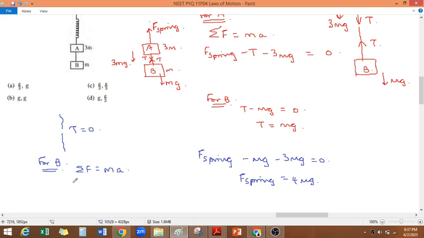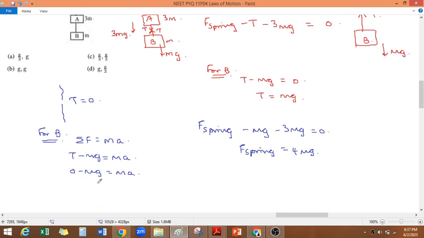So T minus mg is equal to MA. T becomes 0, so acceleration is nothing but minus g because it is acting downwards. So B is going to fall down with acceleration g, which is free fall.